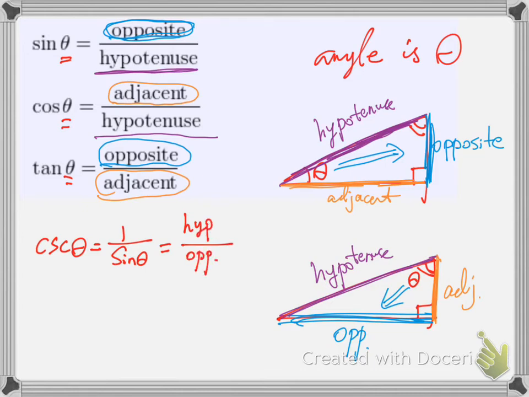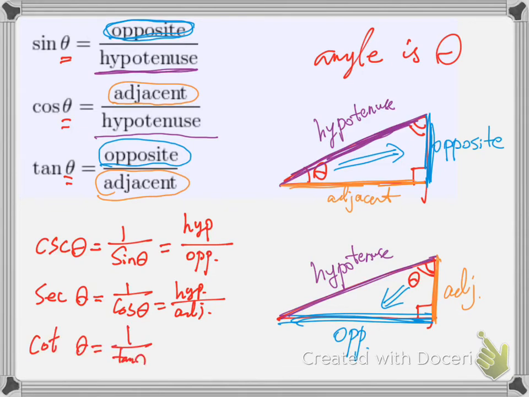So what is secant theta? Secant theta is 1 over cosine. So this is hypotenuse over adjacent. And what is cotangent theta? It's 1 over tangent theta. You flip tangent theta. So it's adjacent over opposite.